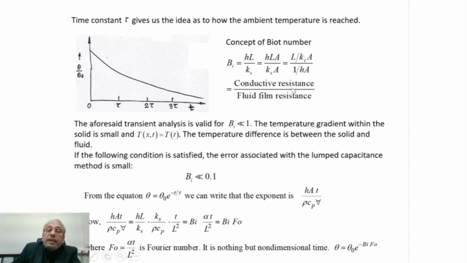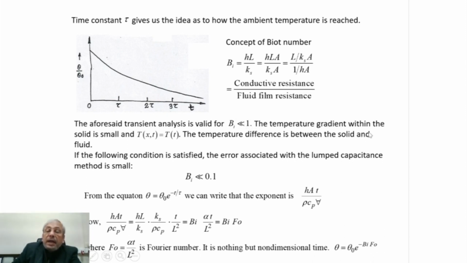Now 1 by hA is the fluid film resistance, or resistance to convective heat transfer, and this is the resistance to conduction heat transfer, or conductive resistance. The aforesaid transient analysis is valid for Biot number much less than 1.